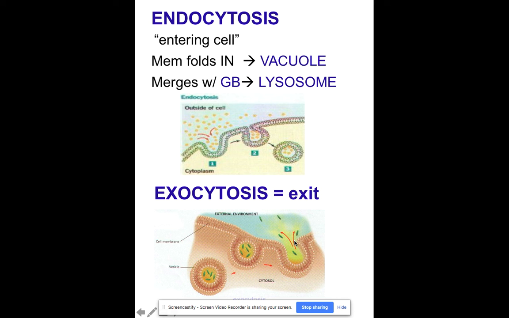Then instead of pinching off and creating a vesicle, it forces itself out, and all of the stuff you don't need goes out into your interstitial areas, and your body will take care of it and process it.